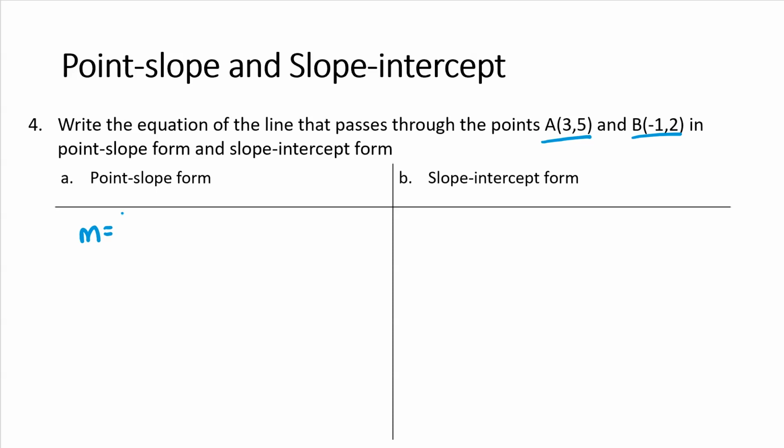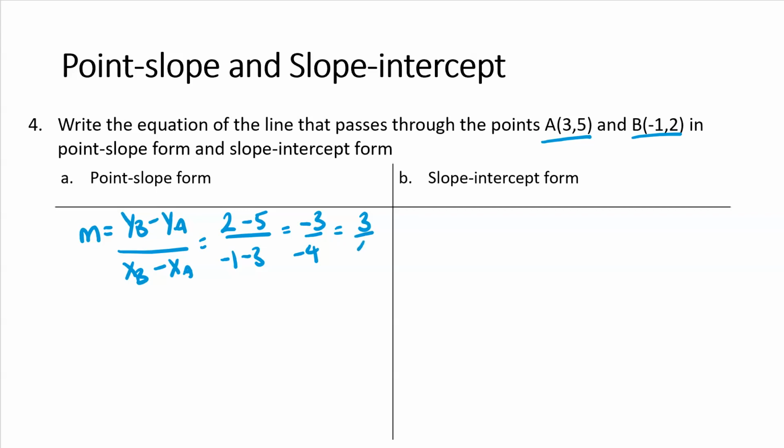In this case, yb minus ya divided by xb minus xa. We'll have 2 minus 5 divided by negative 1 minus 3, which gives us negative 3 over negative 4. Negatives cancel each other out, so your slope is 3 over 4.